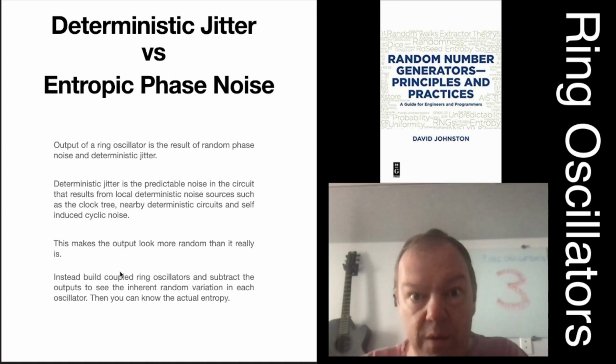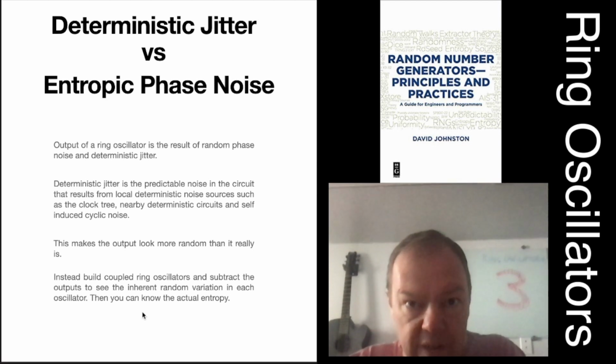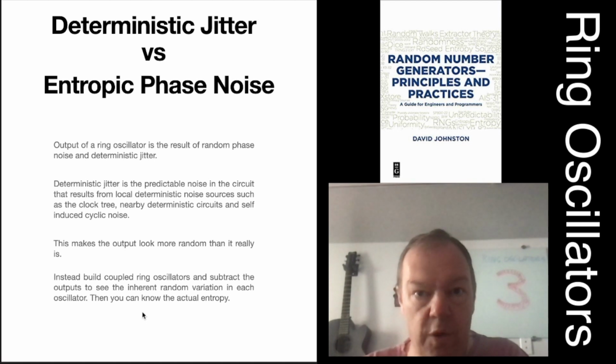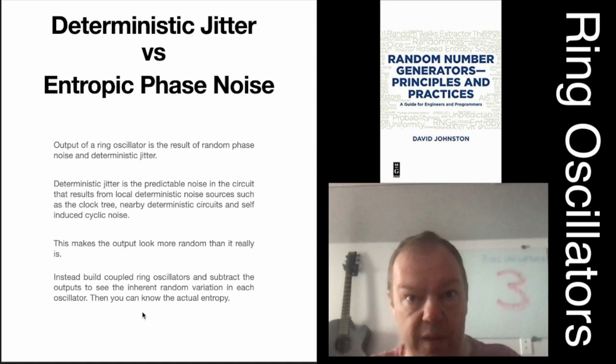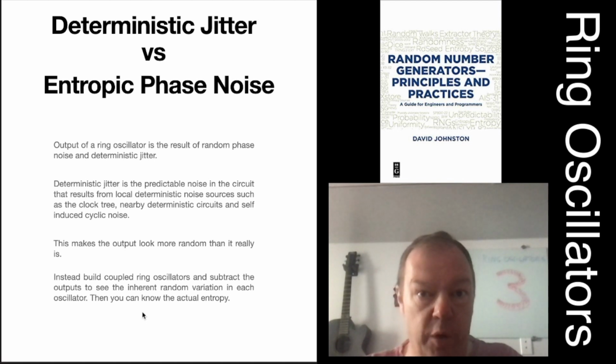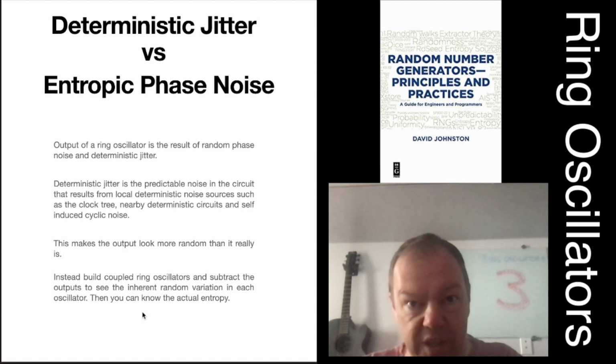One way of getting around this is to build coupled ring oscillators. So instead of trying to make two ring oscillators not oscillate at the same frequency and not be able to lock, just ensure that they do lock. So you make two oscillators and you route them very close to each other in two loops side by side, and then you sample the outputs and you get 2 bits out, and those 2 loops will lock together. They will operate at the same frequency, and they will both have output, but with the same deterministic jitter, but different entropic phase noise.